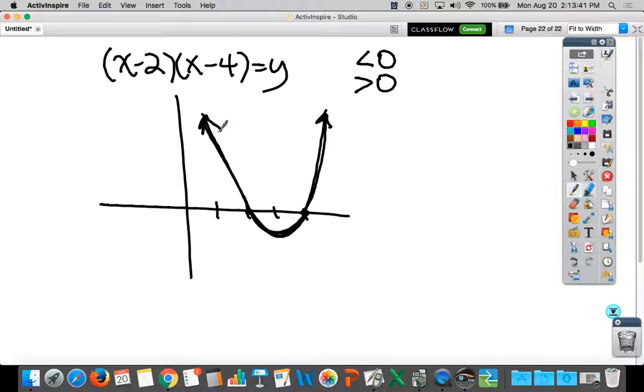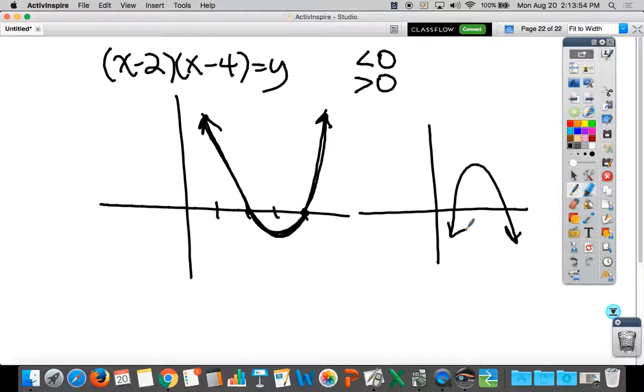So what happens if we have it upside down? Now which parts are less than 0? That part, the less than and the greater than, and the part positive is between.